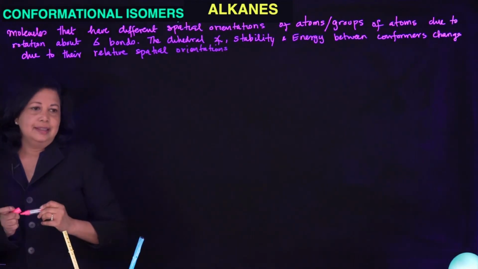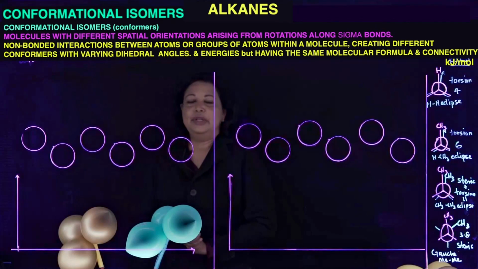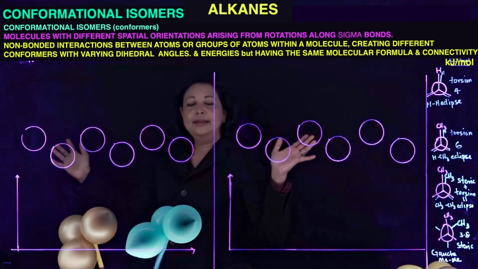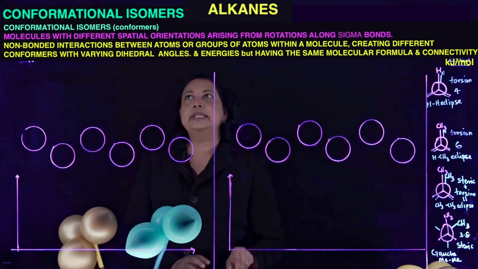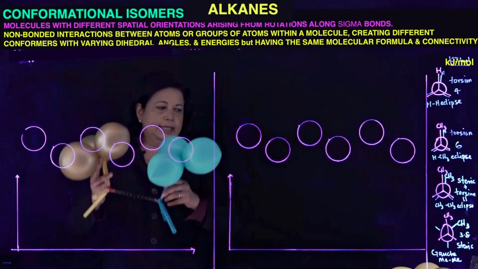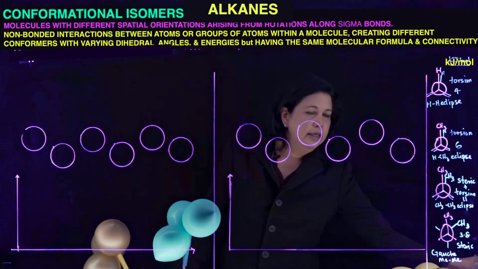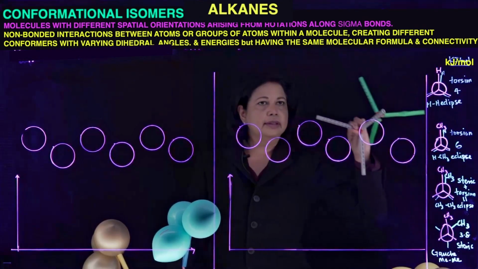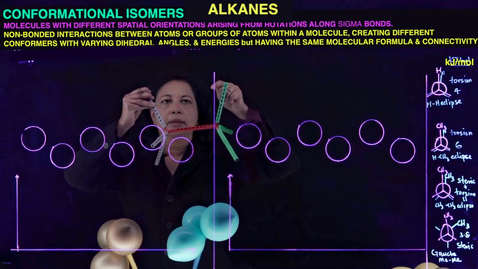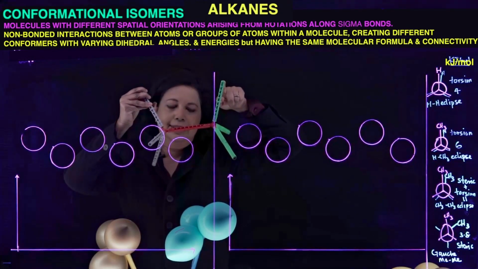All right, let's look at some examples. We did some conformational isomers of ethane, propane. We're going to do some for butanes. So let's look at butanes. Here's a 4-carbon chain. We looked at ethane, and if you put a carbon here and a carbon here, that'll be 4 carbons.